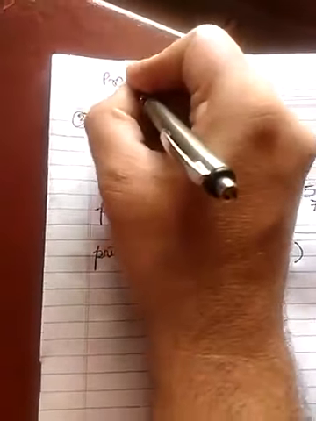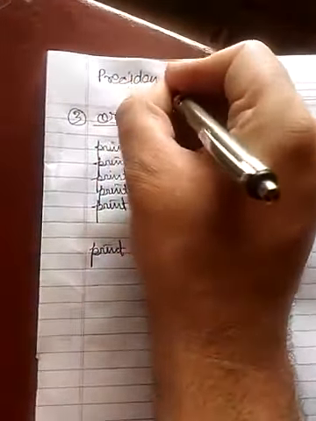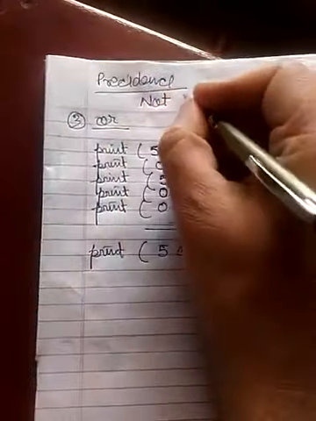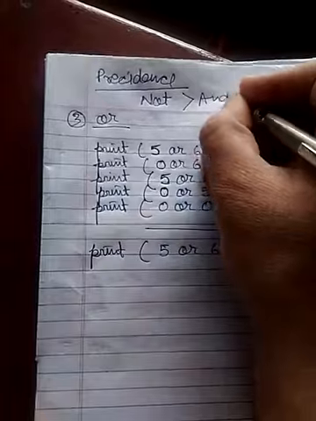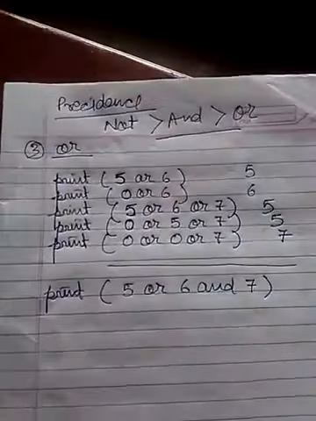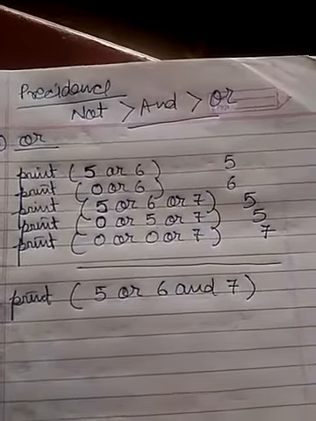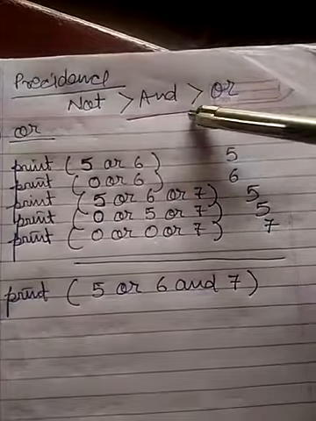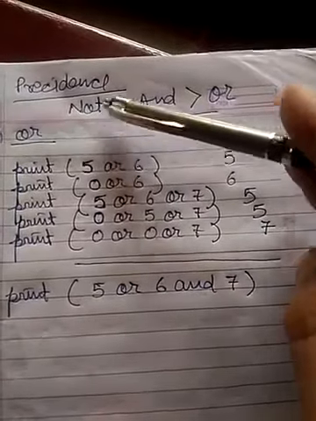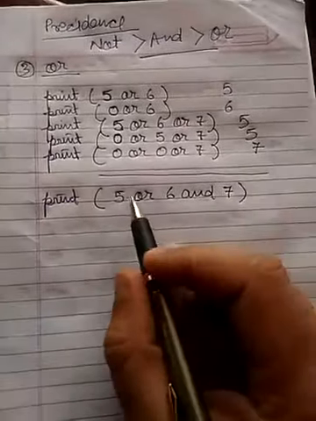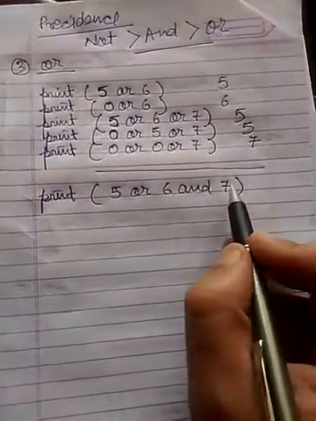The precedence is like this: first it is NOT, then AND, then OR. So this is the precedence of operators. If all the operators are combined together, then it evaluates in this format: first it will evaluate NOT, then AND, then OR. Here I have written 5 or 6 and 7.